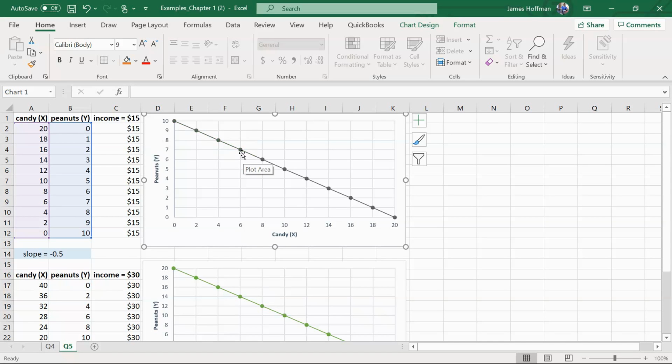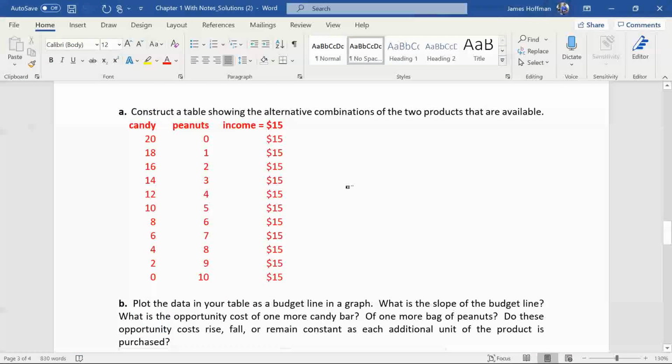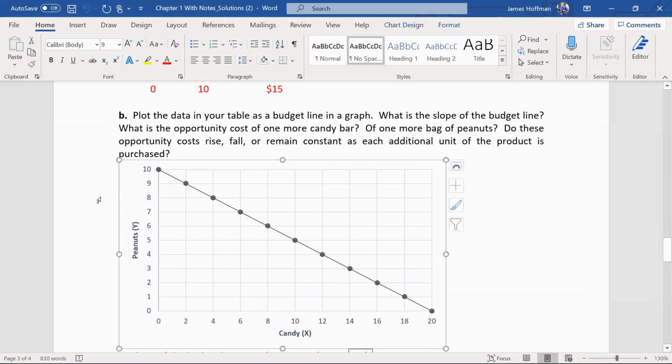So that's your budget line there. And peanuts is all the points on the y-axis and candy bars on the x-axis. And so there's the graph that I made in Excel and then took a screen cap. And so there's the budget line for this example.